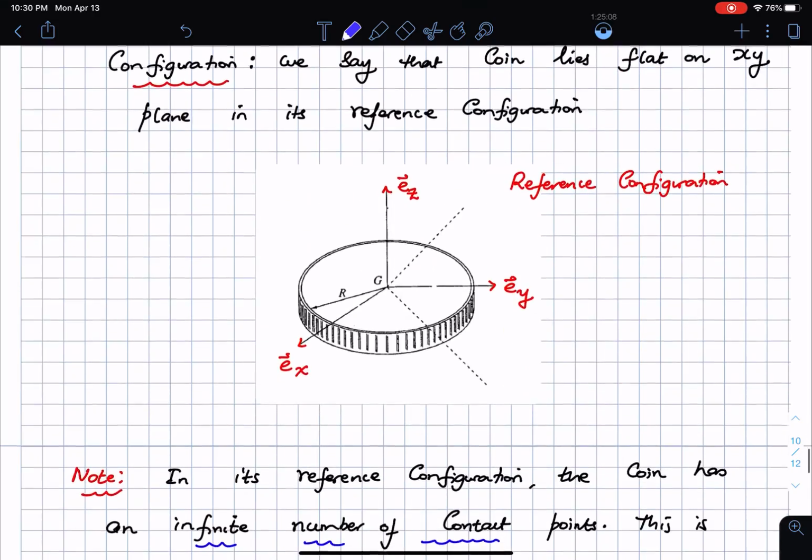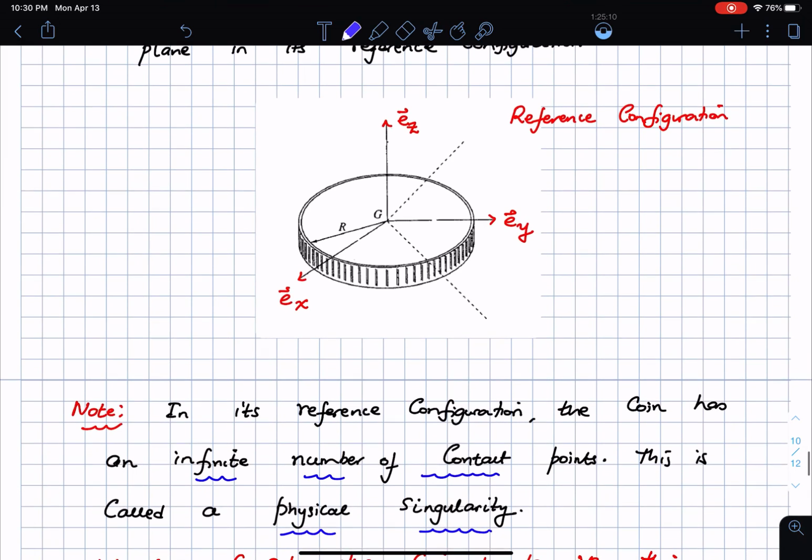So here is the reference configuration. This reference configuration is also, the coin is called a sleeping coin in its reference configuration.